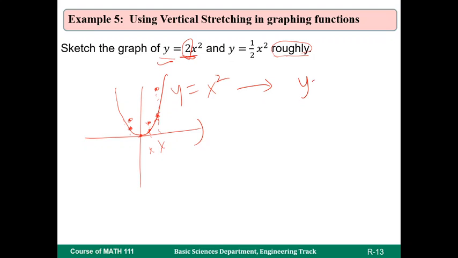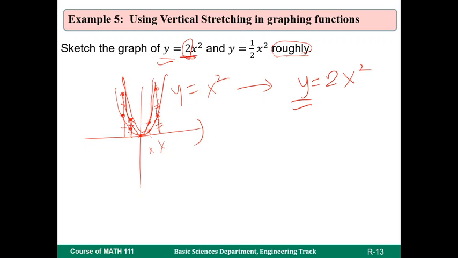So in this case, y equal to 2x squared, the y's will be doubled. Any point will be doubled. You see the difference here? This distance is doubled. So this will be our new function.